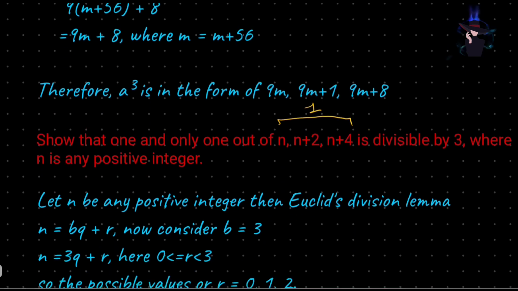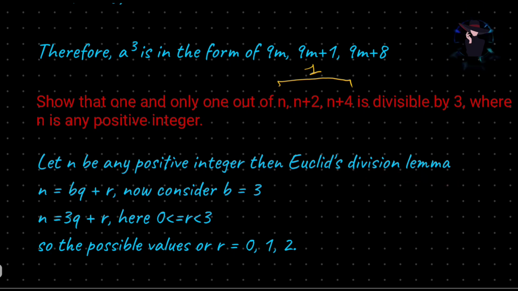Let n be any positive integer. Same Euclid's division lemma. This thing comes again: a equals bq plus r. Now consider the value of b as 3, because it is saying divisible by 3. So n equals 3q plus r. Again the value of r is 0, 1 and 2.